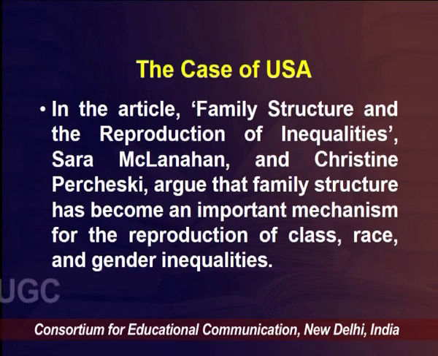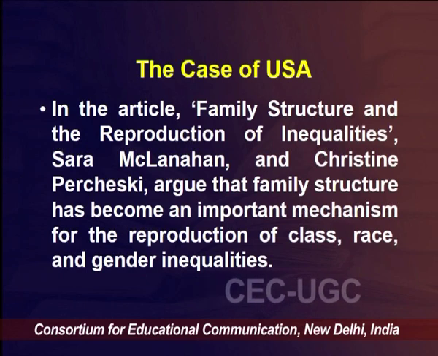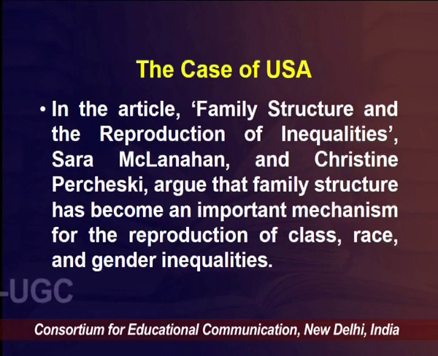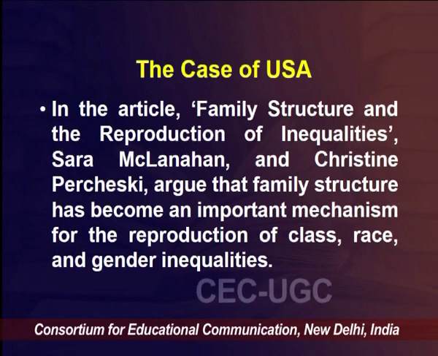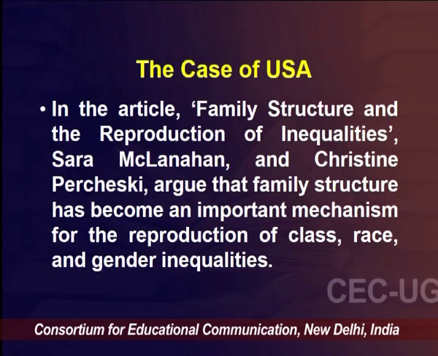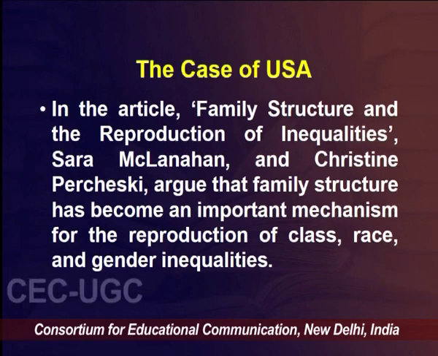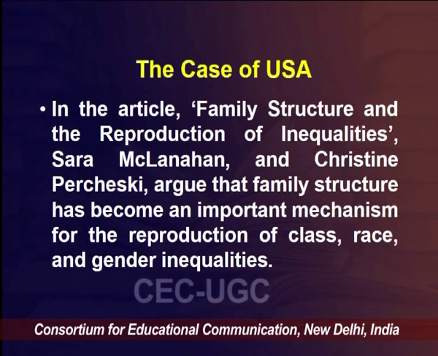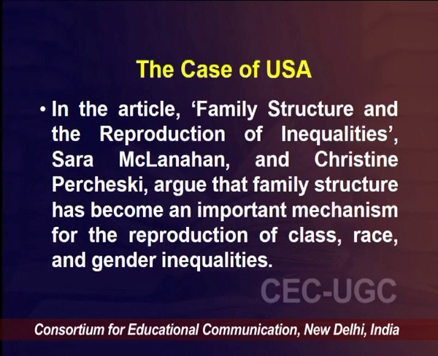This lecture is basically discussing the article Family Structure and Reproduction of Inequalities by Sara McLanahan and Christine Percheski. The two authors have done an extensive study, using primary data and secondary literature review, to understand how family structure is a mechanism for reproduction of various forms of inequality.